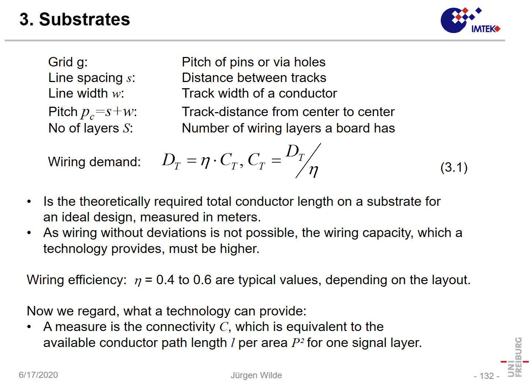The reason is that in a real board we have via holes, conductor lines go around corners, and in that way we can say what is required from the board is this demand divided by the efficiency of the technology, and so typically it's twice the wiring demand which must be provided by the board.